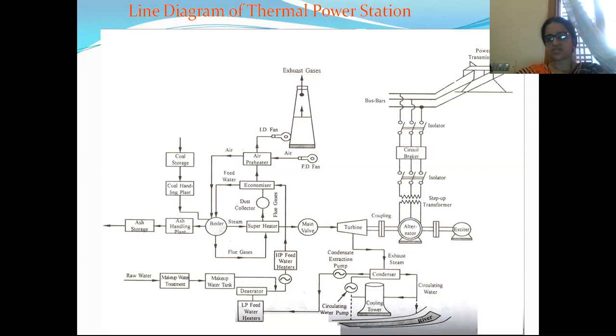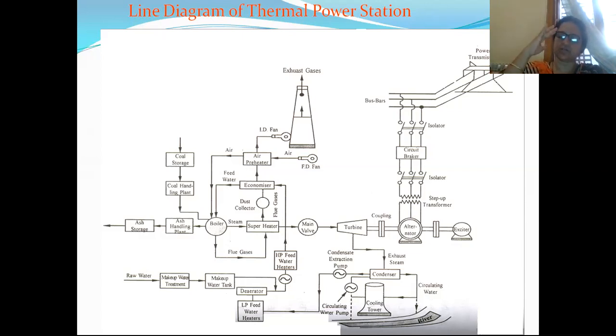So whatever electrical energy is generated definitely needs to be transmitted. By using a step-up transformer, the voltage of the electrical energy generated by the alternator is stepped up, based on the capacity of the thermal power plant.